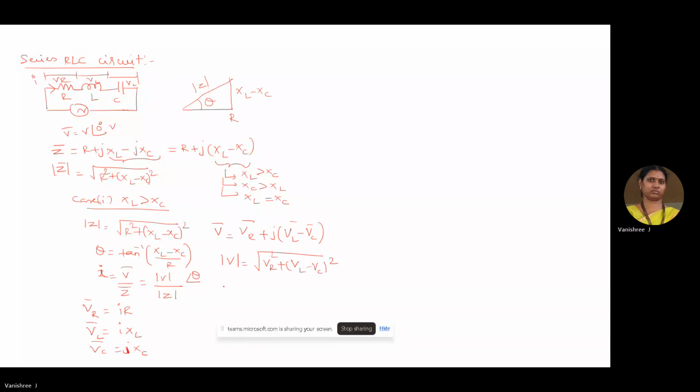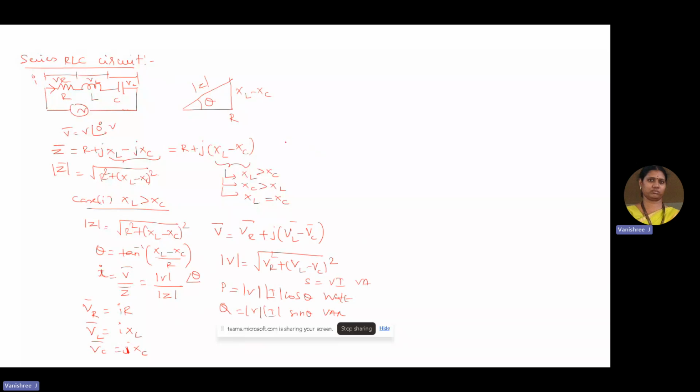Then, the same way as we have determined the value of power, we will be able to get real power as modulus of V, modulus of I, cos theta, which has a unit of watt. Then Q is equal to V into I sin theta, and S is equal to V into I volt ampere.